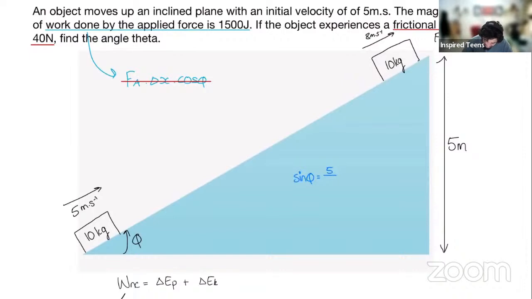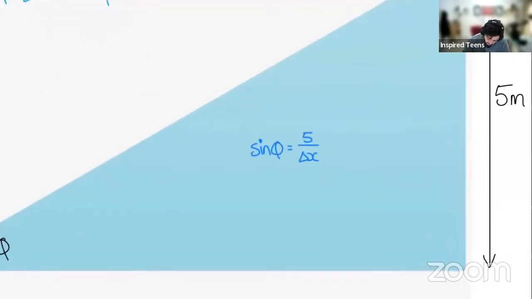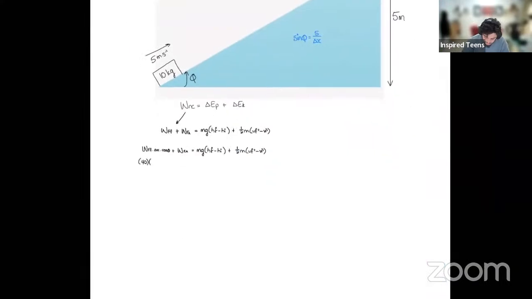And delta x is unknown. So we can substitute delta x there. We could isolate delta x and sub it in. That would directly give us sine theta, but I'm not going to do that, and I'll show you exactly why.